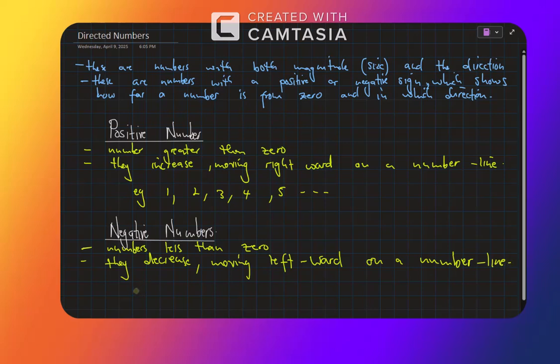For example, we have -1, -2, -3, -4 going down.